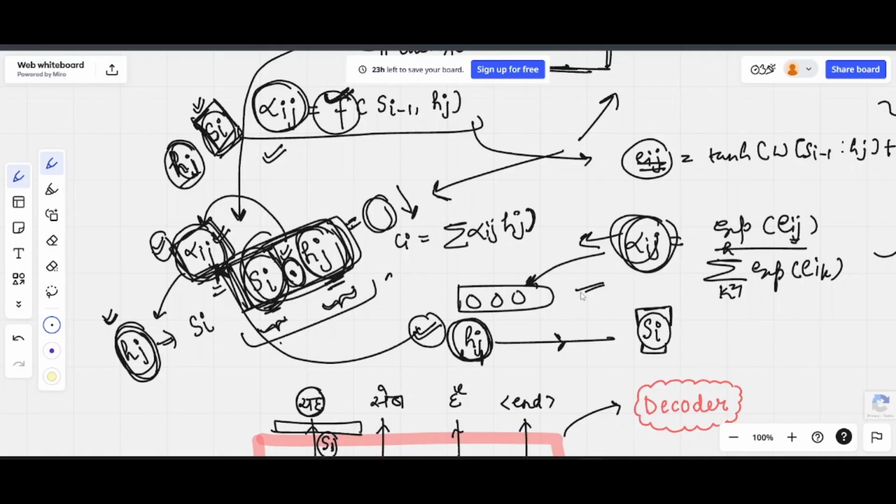If they are very much related, that means the input played a major role in producing that output. And since the input played a major role, we say that it is equal to our importance or our weight, and we are equating it to the dot product of our input and output.